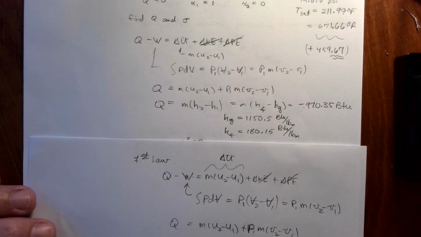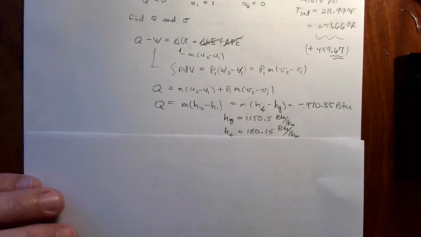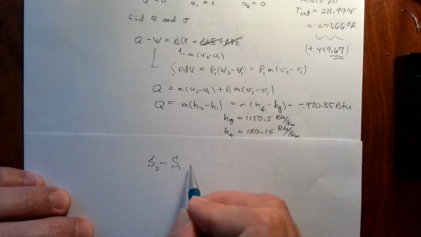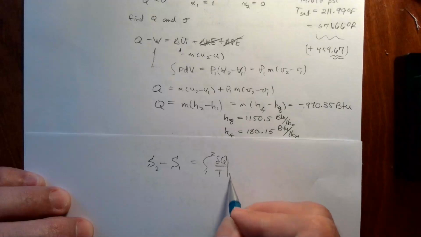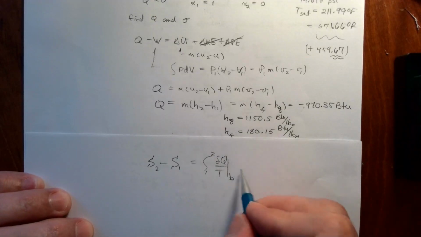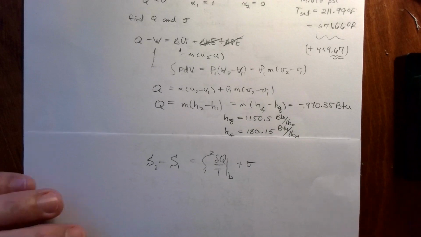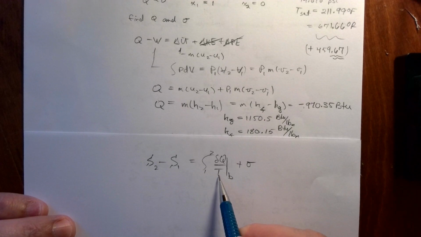Now let's start thinking about the second law. For the second law, we'll write it out as an entropy balance. S2 minus S1 is equal to the integral from 1 to 2 of dQ over T at the boundary plus sigma. Okay, so for this process, the temperature is isothermal, so that's a constant.